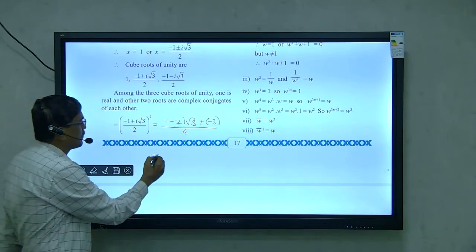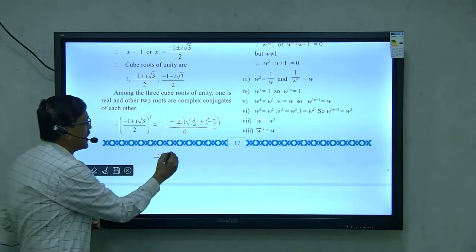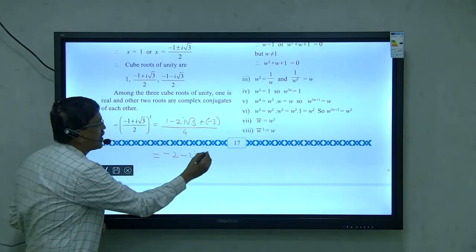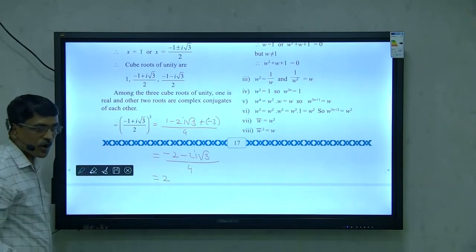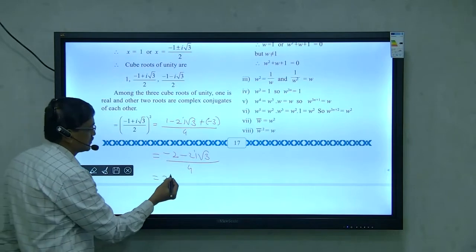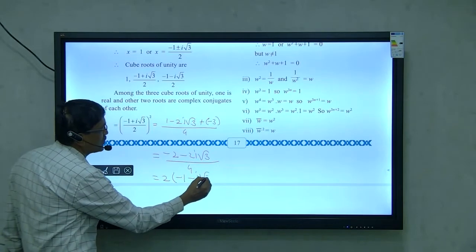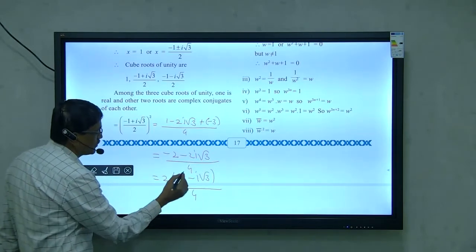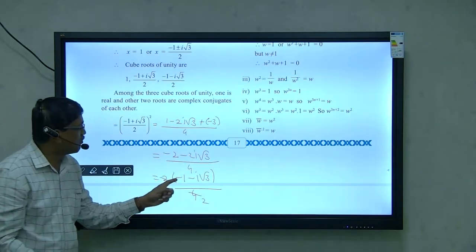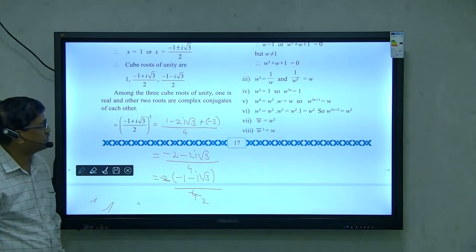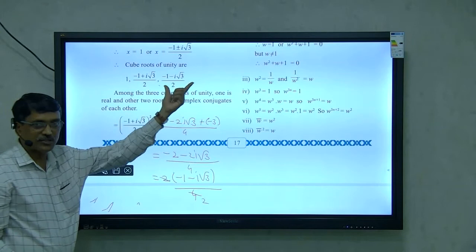So what we obtain here, plus into minus, minus 3, 1 minus 3 is minus 2, so minus 2i root 3 upon 4. Taking 2 common, what we get is minus 1 minus i root 3 upon 4. So 2 twos are 4. So what we get, see here, minus 1 minus i root 3 upon 2. We get the third root. By squaring the second root, we get the third root.